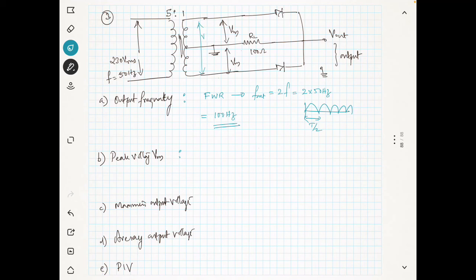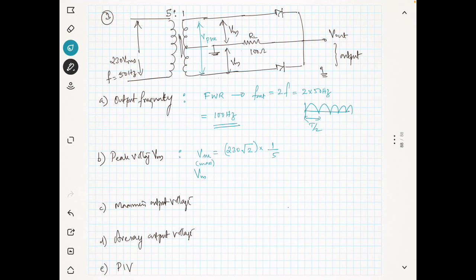Now we will find what is the secondary voltage in total. This V secondary, first of all we know that it is 230 volt RMS. We will first convert into the maximum, after that we will multiply with the turns ratio 1 by 5. So this is V secondary. Now you know that this is the maximum V secondary, Vp secondary, that's better.